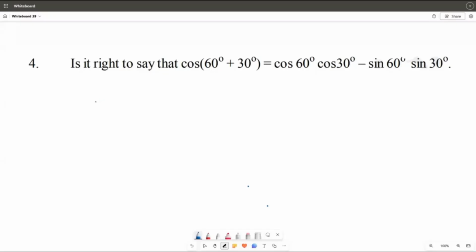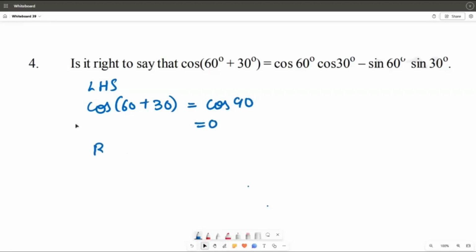In this case, we need the values for 60 and 30. Let's see the LHS first, which is cos (60 plus 30), equal to cos 90, which is equal to 0.